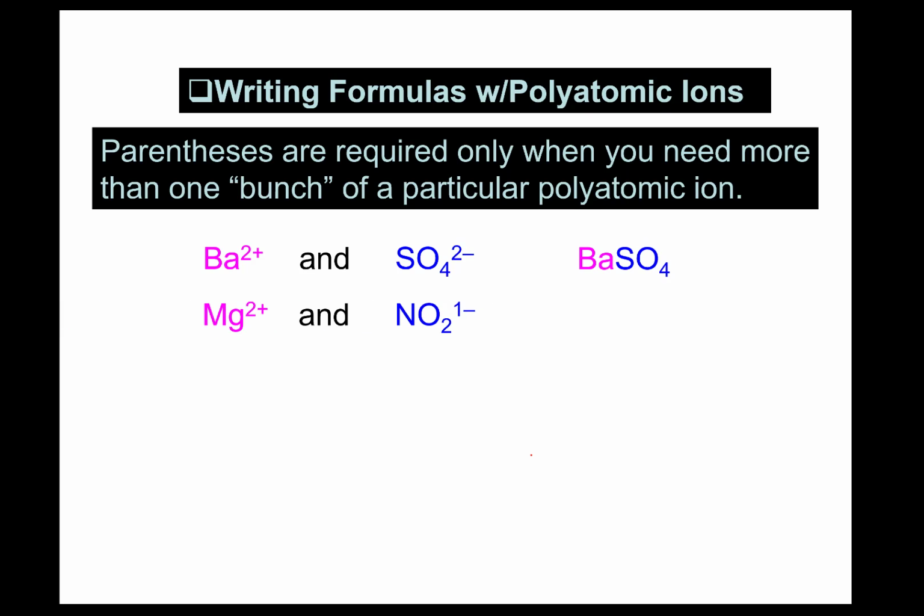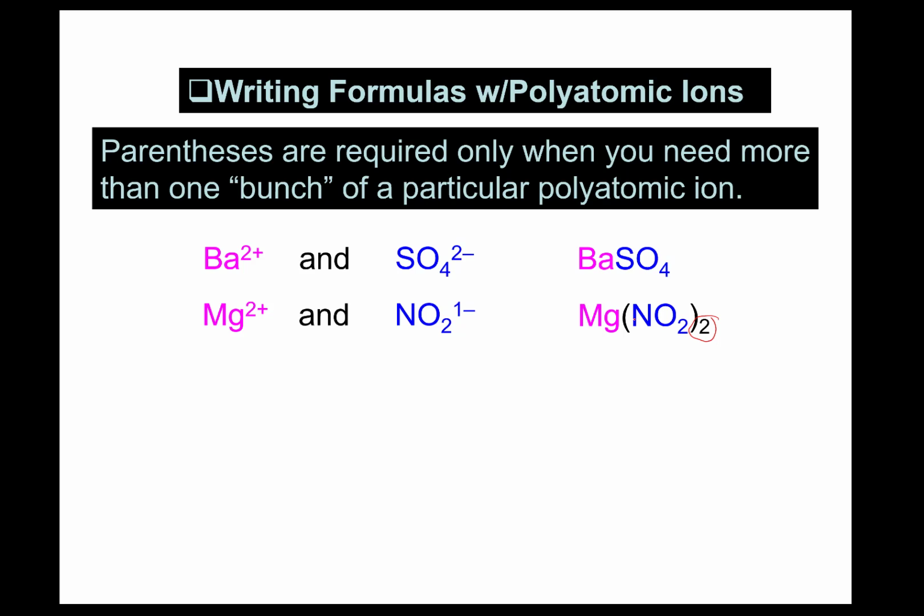Mg2+ and NO2-. So we see that we're going to need 2 of the NO2 groups for every 1 Mg. So we're going to have to use parentheses around the NO2. And then as a subscript, you see it here, I'll circle it, there's 2 NO2 groups.